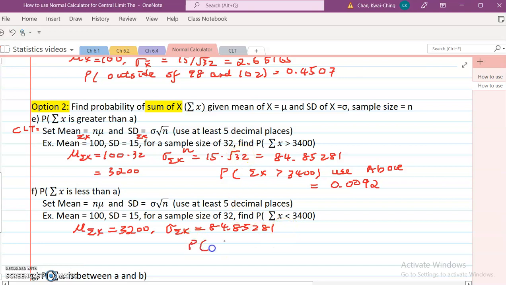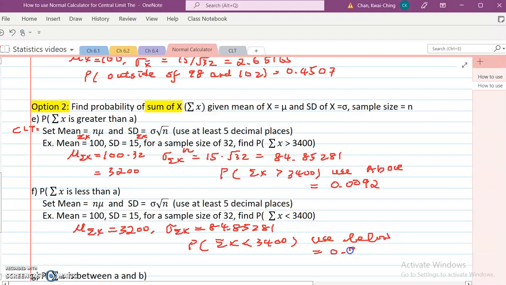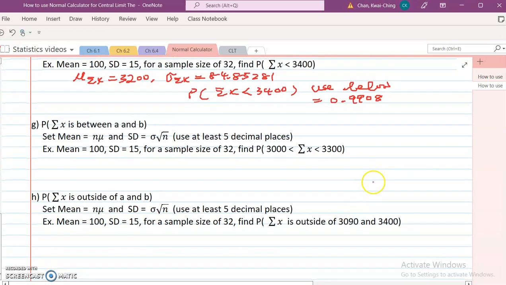So the probability of sigma x less than 3,400 would use below. We use the calculator below with 3,400, and we calculate 0.9908.